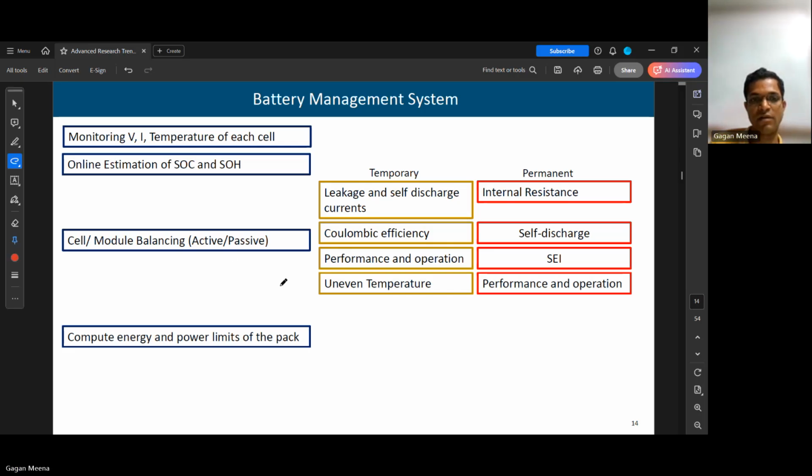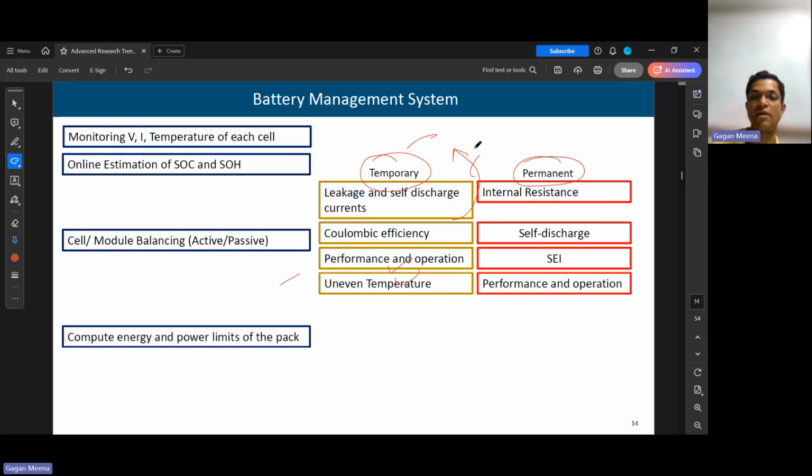And the causes for the imbalance in the cell are two. One is temporary and one is permanent. The temporary causes are the leakage and self-discharge currents, Coulombic efficiency, performance and operation, and uneven temperature.